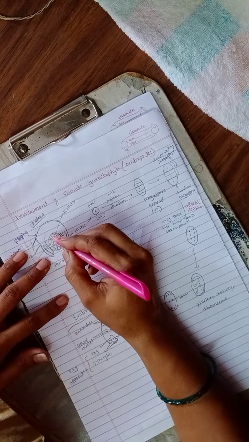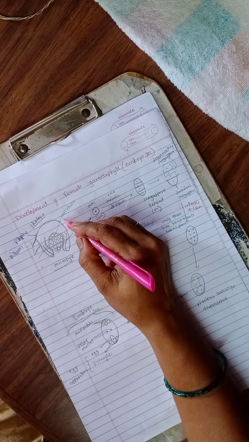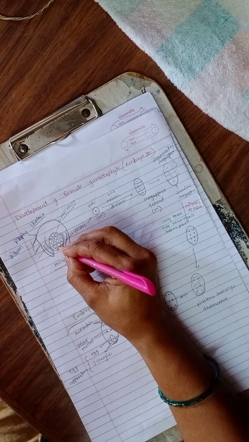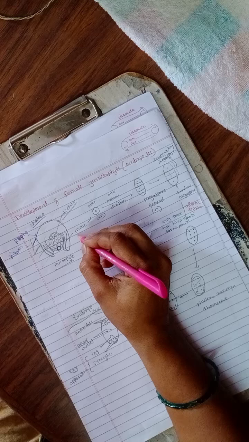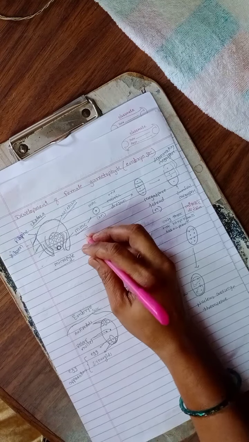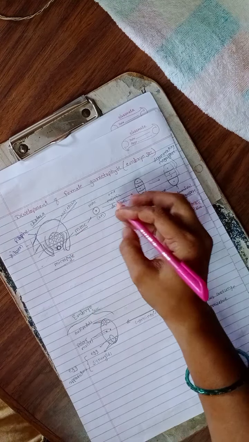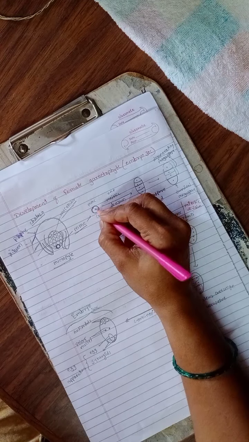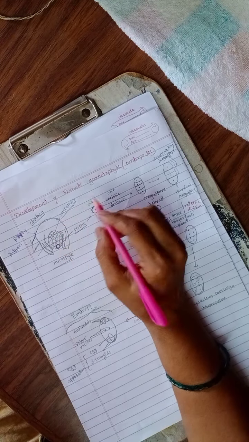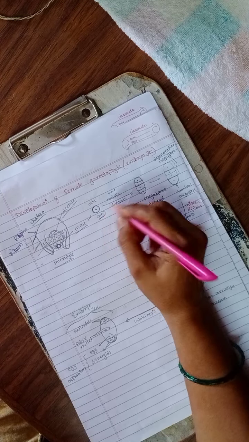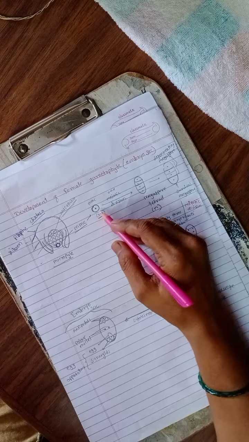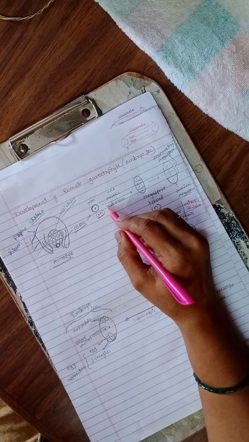Then this embryo sac is filled with cells, known as the nucellus, and from these cells one cell is converted into the MMC, the megaspore mother cell. Each cell of this nucellus is diploid, that is, it has 2n number of chromosomes. Then this MMC undergoes meiosis.